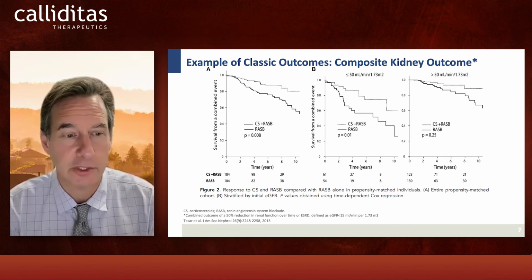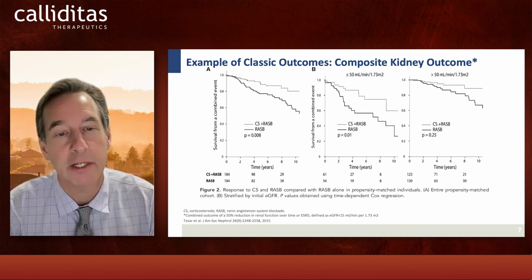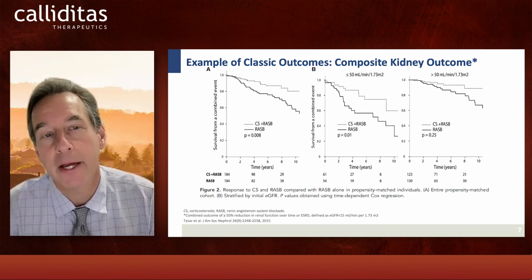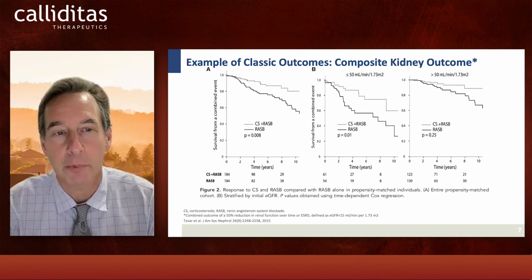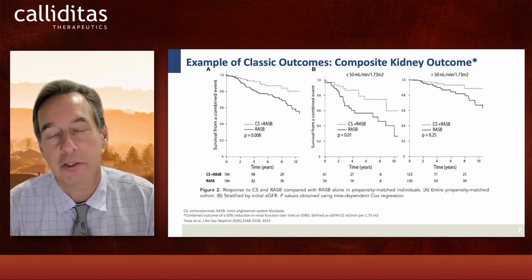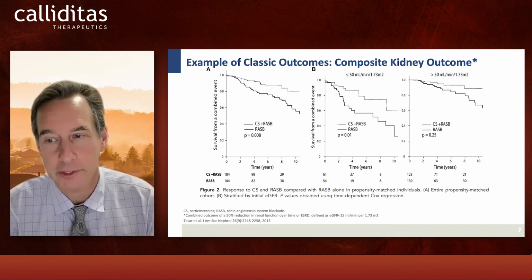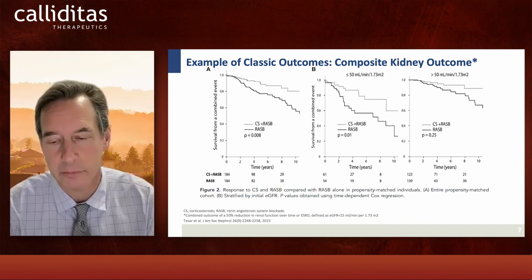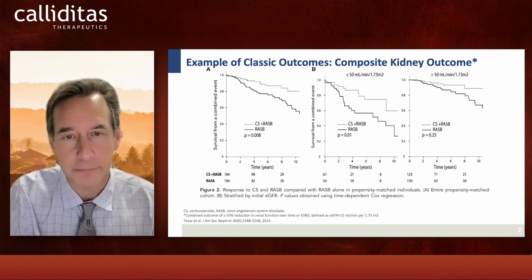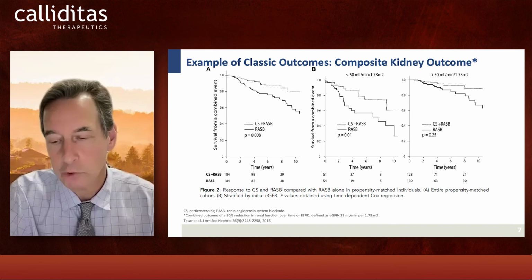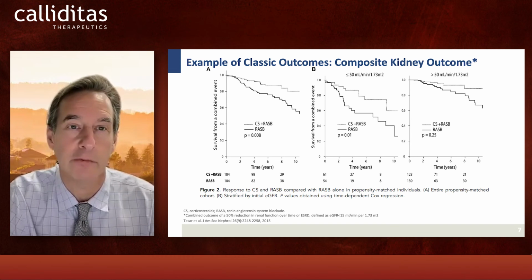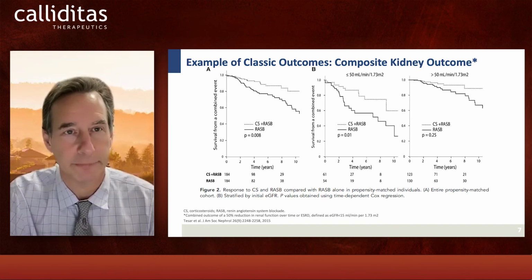And this slide just shows an example from the TESTING study of the VALIGA registry that looked to see whether immunosuppression compared just to conventional therapy preserved kidney function. And at least in this observational study, they use these classical outcomes of renal survival to really determine whether or not the intervention was reasonable.